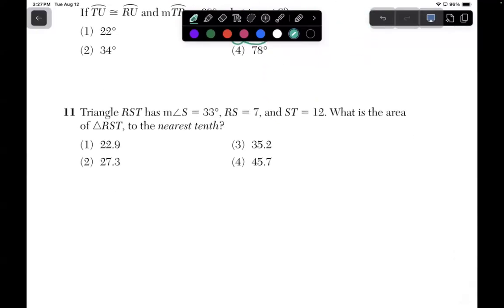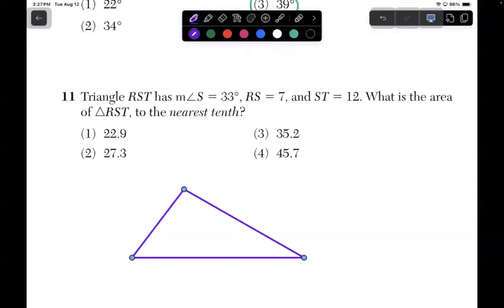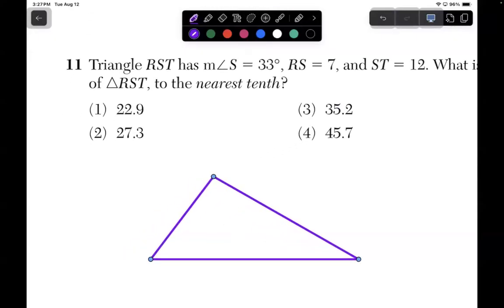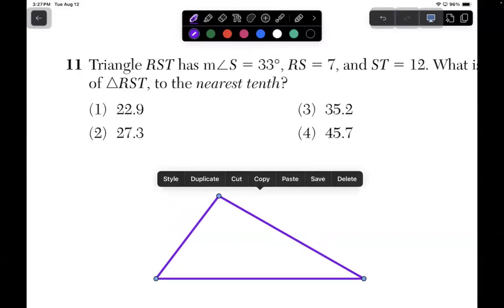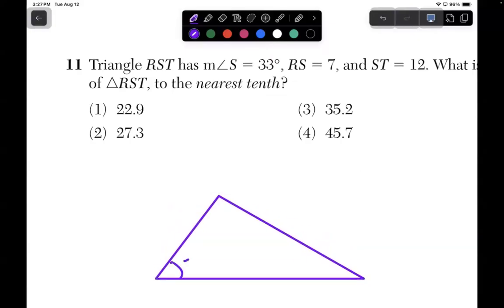Triangle RST has the measure of angle S of 33, and RS is 7 and ST is 12. You will definitely get a question like this. This is the side angle side trig area formula. So here, this angle is 33 degrees.